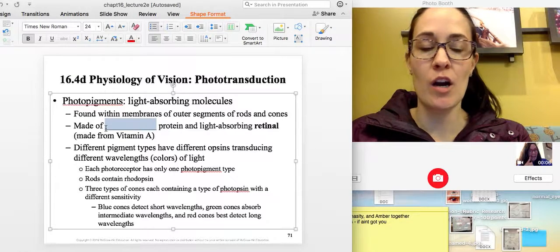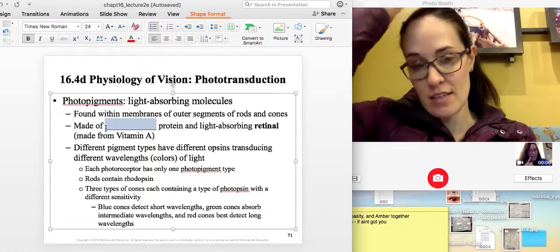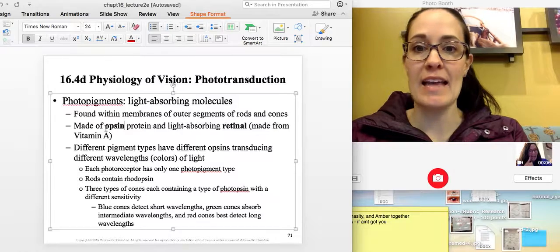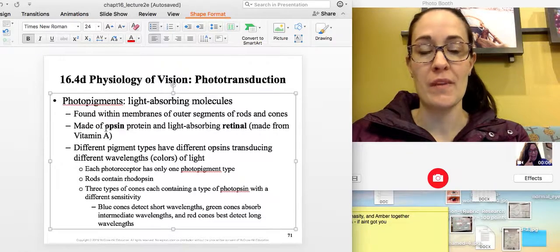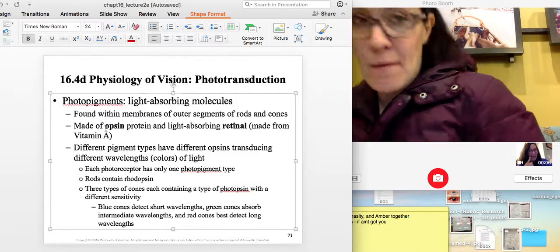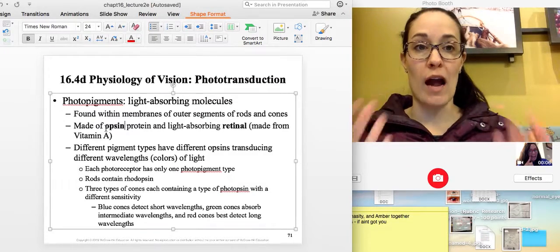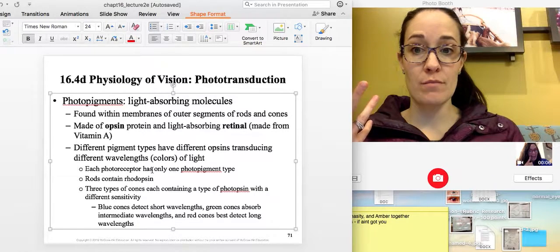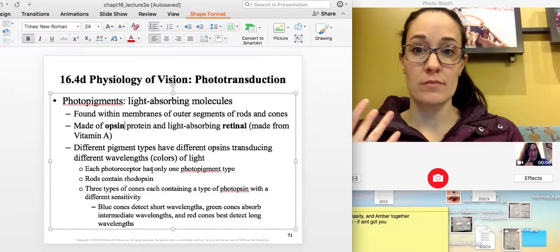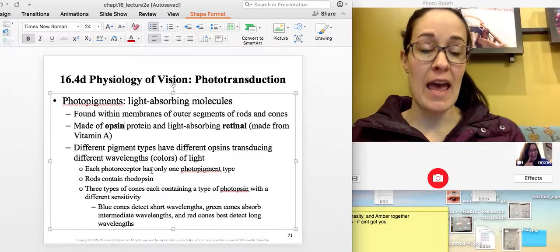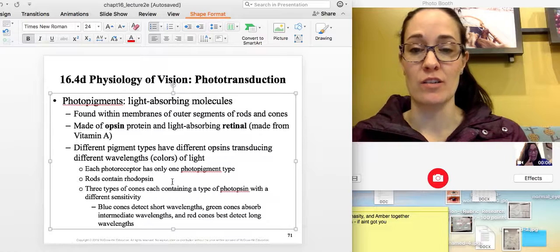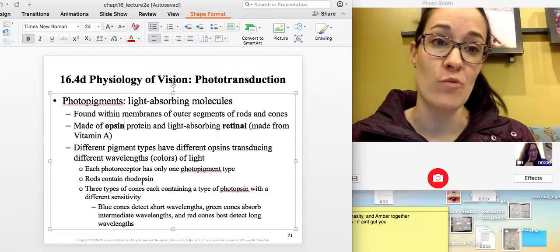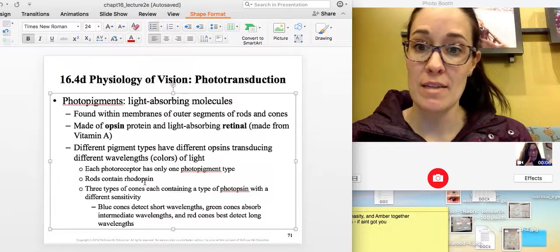Photopigments are in the cones and rods. Photopigments are made of a protein called opsin and a light-absorbing part called retinol. And retinol is made from vitamin A. This is why vitamin A is important for eye health. Different pigment types exist because there are different opsins, and they can each detect a different color of light. So rods all contain rhodopsin pigments.